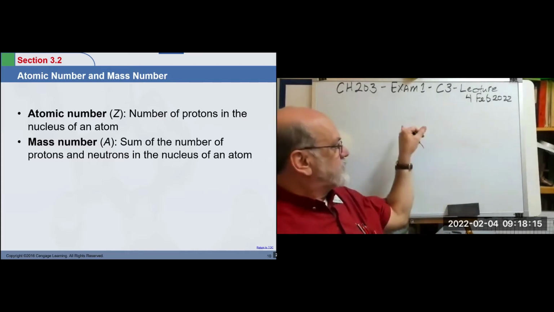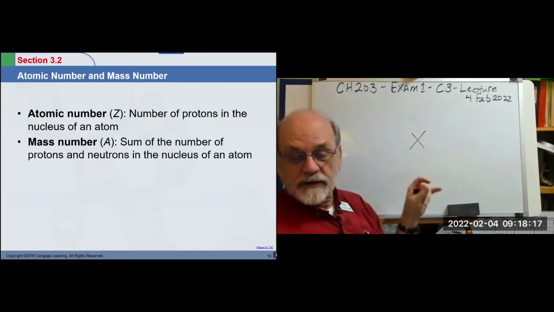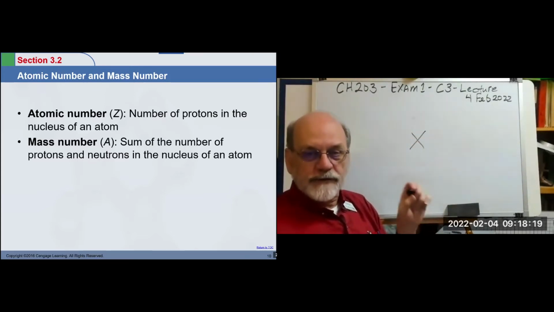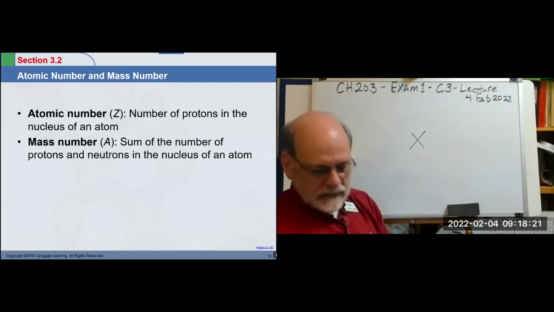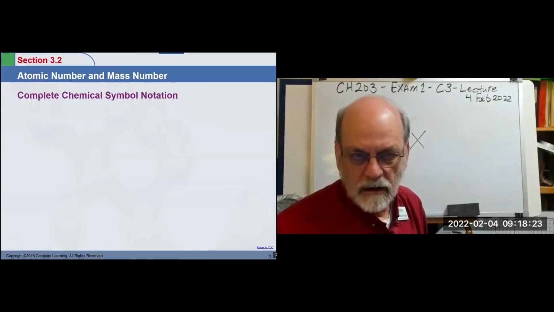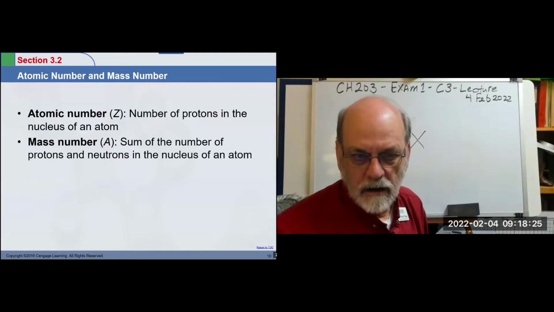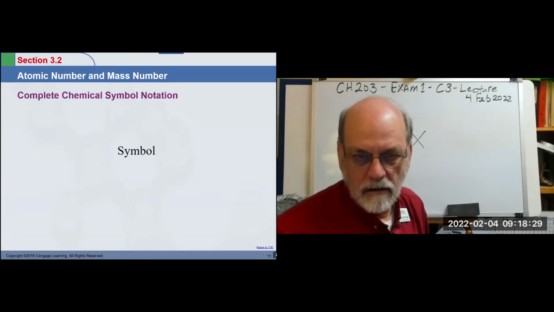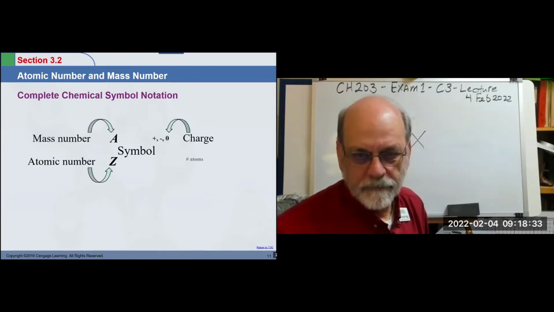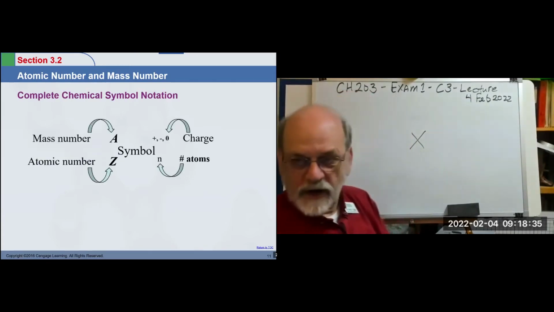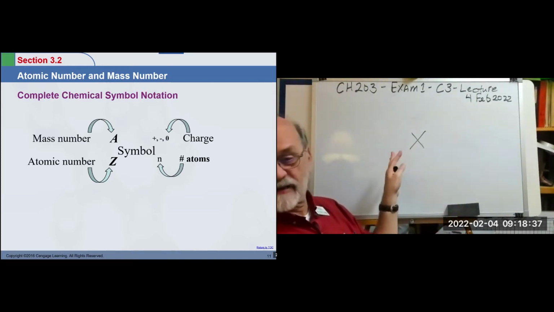There are four positions, four corners to this symbol that are reserved for certain information. Okay, there's our symbol, and I'm using an X.